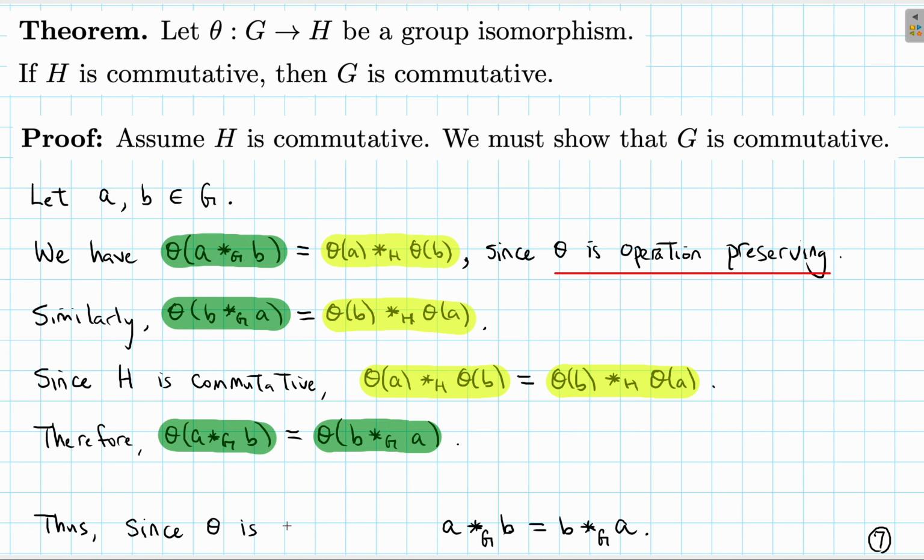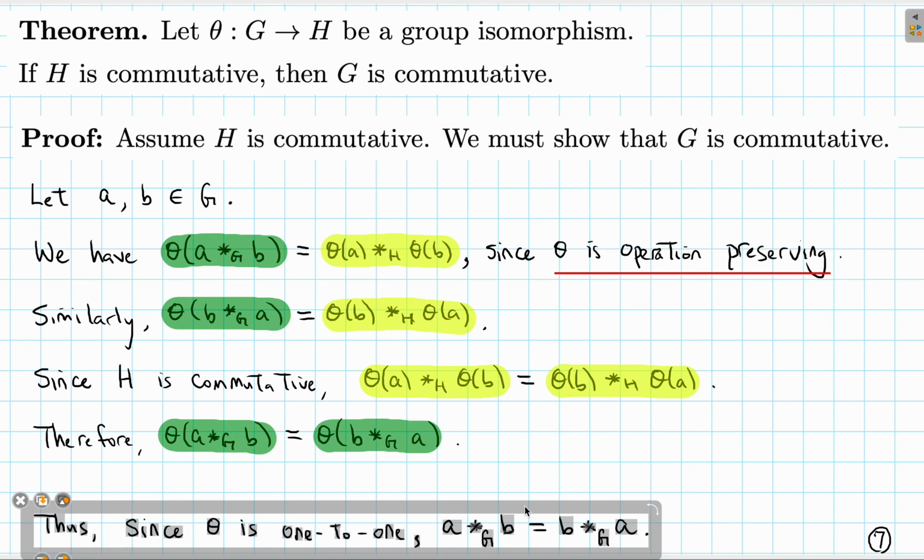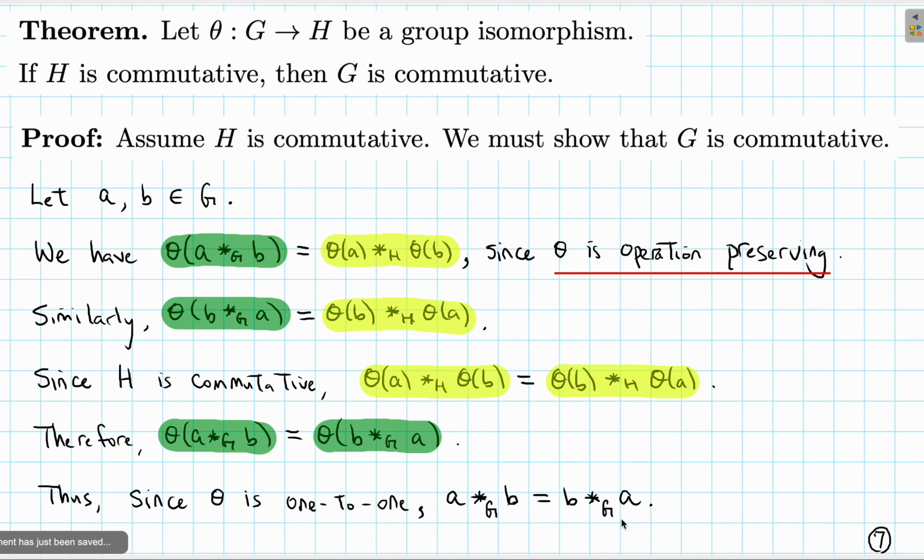So since theta is 1 to 1, we conclude that A times B equals B times A. And so once again, let's be explicit about what aspect of an isomorphism we're using. Here, we're using the fact that theta is 1 to 1.